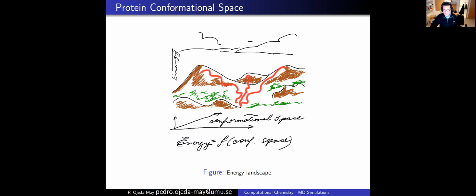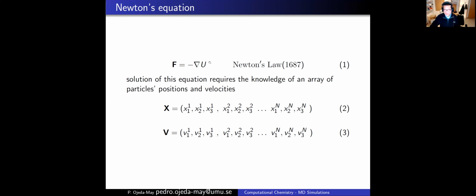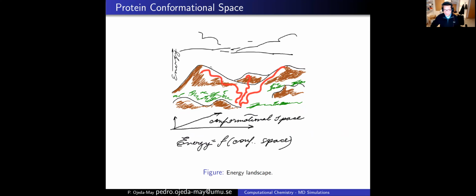Okay, the function that I mentioned before, this U here, can be seen as a landscape, and here I put the analogy with some terrain, right? And we can see different types of hills and also valleys. And imagine that you are at one of these points in this landscape.